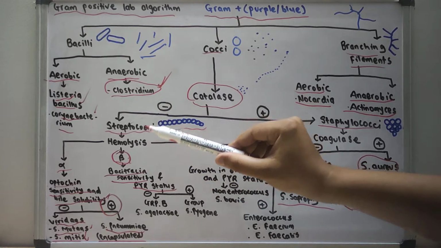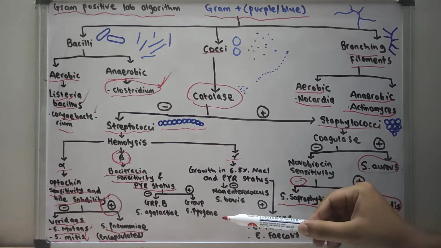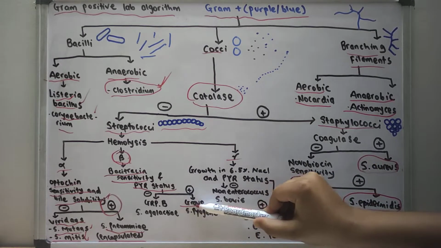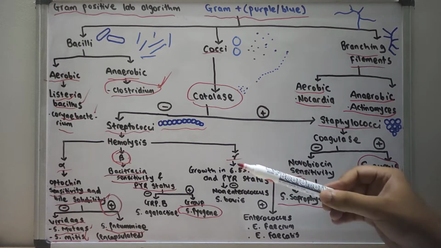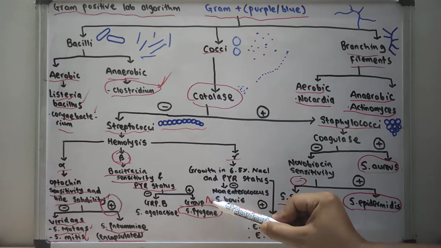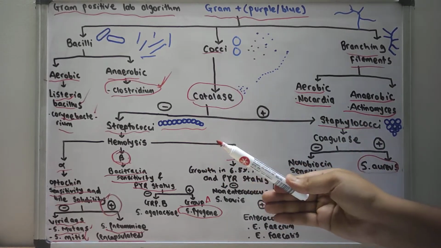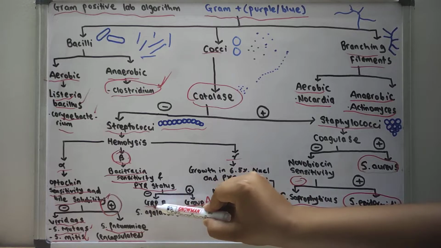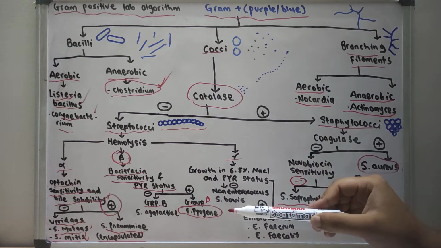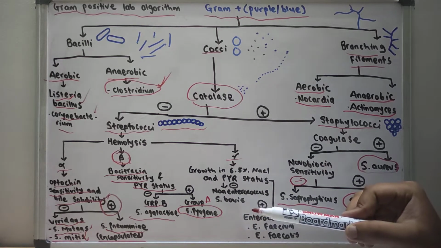So bacitracin sensitive and PYR positive bacteria are Streptococcus pyogenes, the group A streptococci, whereas bacitracin insensitive and PYR negative bacteria are group B streptococcus. Those are Streptococcus agalactiae.